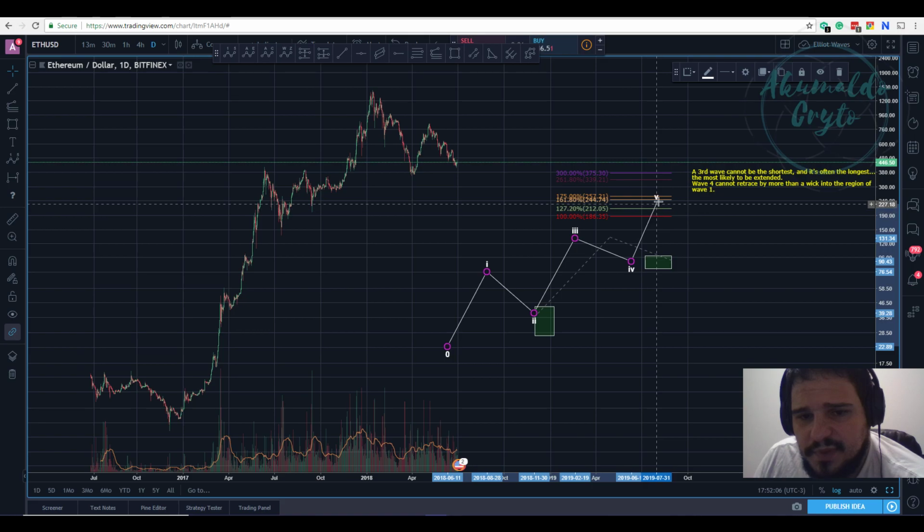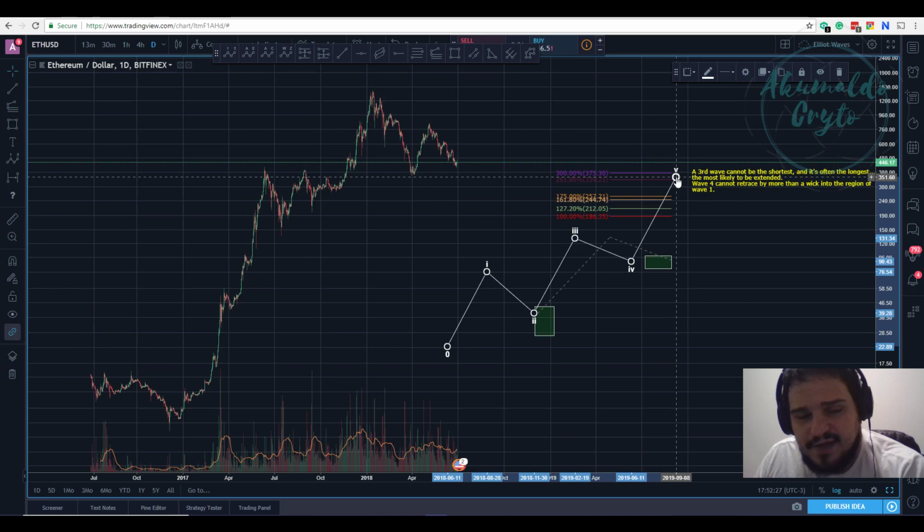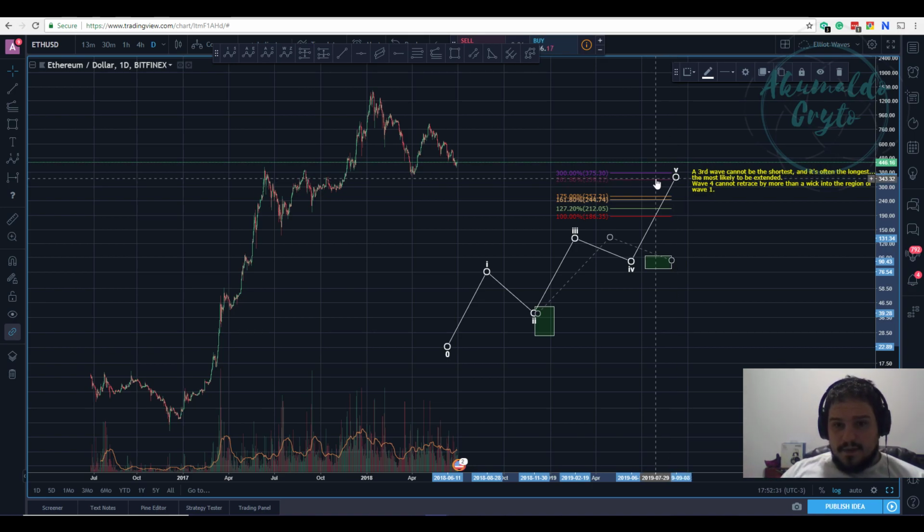It can be 261.8% of wave 3. So 100% is here, 127.2% here. It can extend. This wave 5 can extend. It's not a problem.